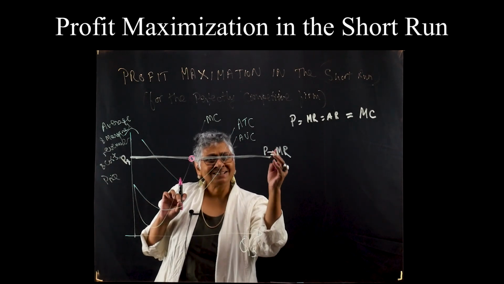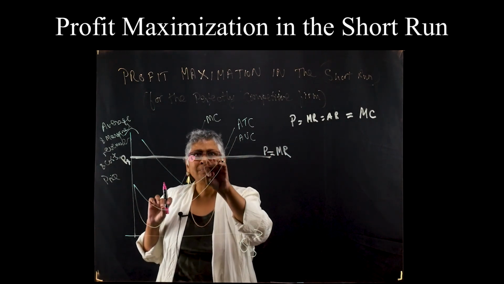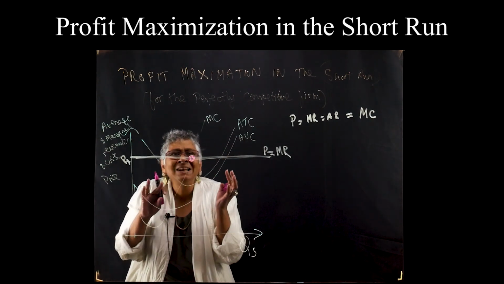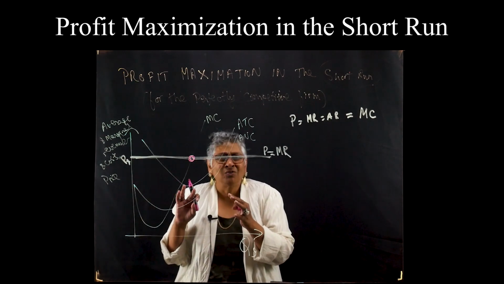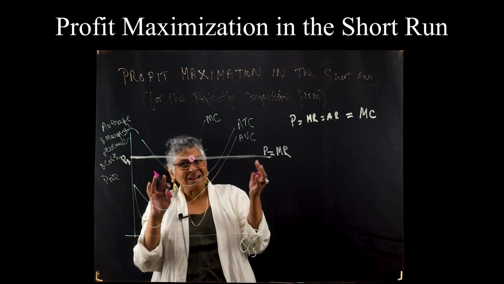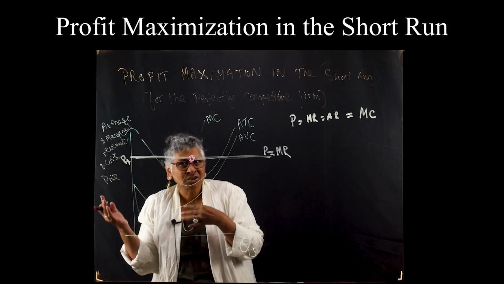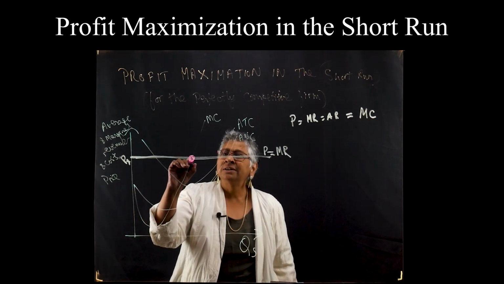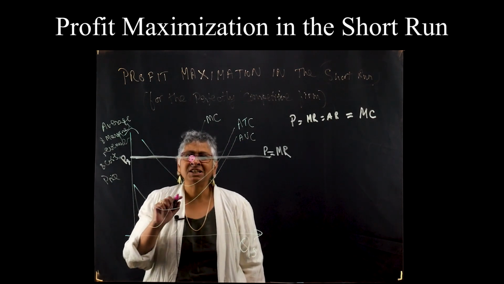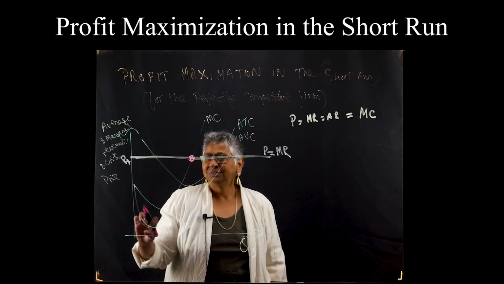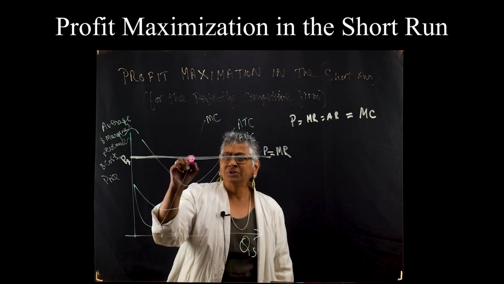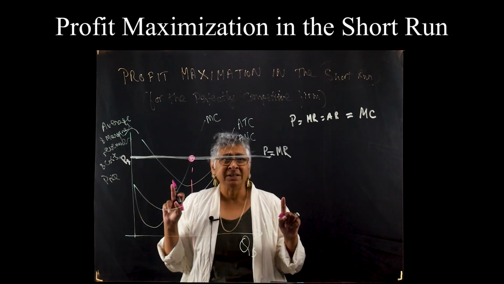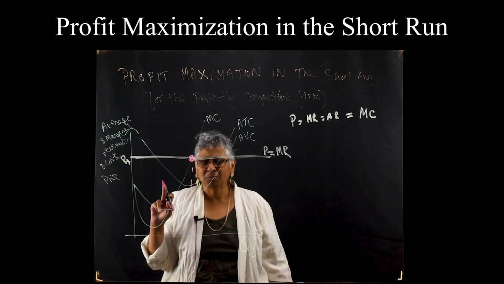So when price or marginal revenue is below marginal cost, I'm better off pulling back on my production volume, because then I might lose some revenue, but I'll also reduce my costs, and that'll be better for my profit. So profit maximization takes place right here, where marginal cost is equal to marginal revenue. And because this is perfectly competitive, that's the same as price.